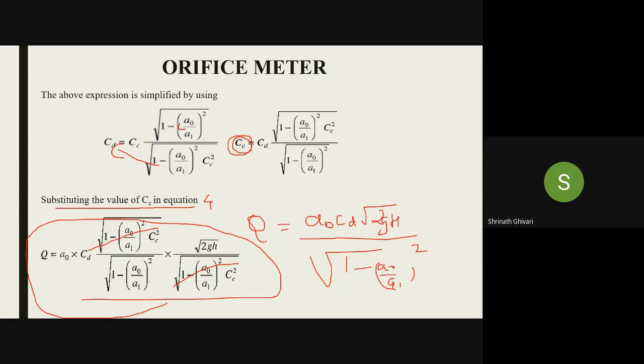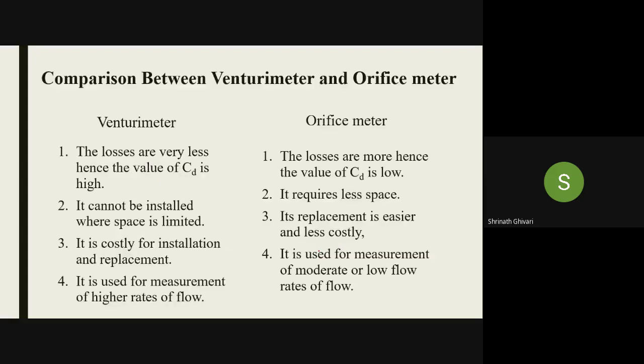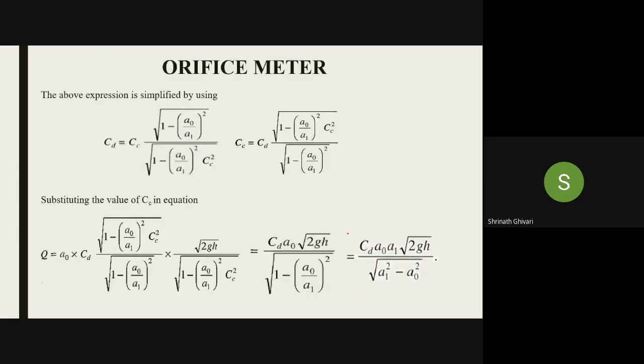Okay, done. Can we further change this formula? It can be further simplified to this expression. CD equal to A naught into square root of 2GH divided by square root of 1 minus A naught by A1 whole square. Now it can be further brought like this.